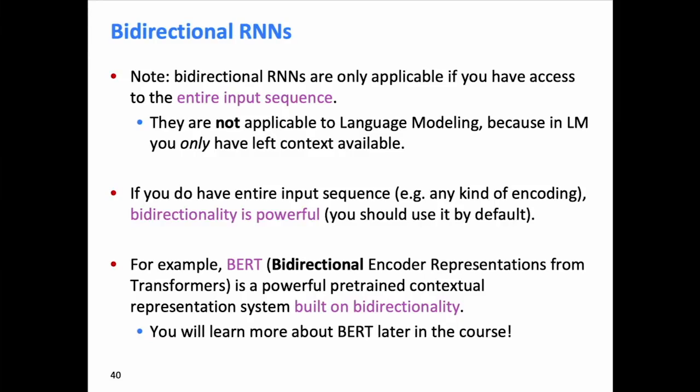This was proposed pretty recently, a few months ago, and it's a pre-trained contextual representation system that's heavily reliant on the idea of bidirectionality. The bidirectional nature of BERT is pretty important to its success. You'll learn more about that later, but it's an example of how bidirectionality can give you much more powerful contextual representations.